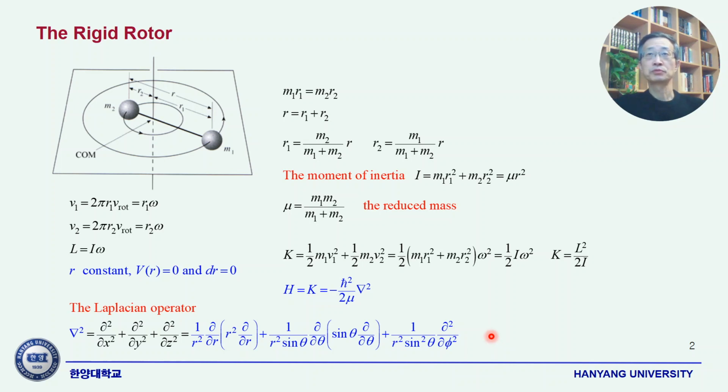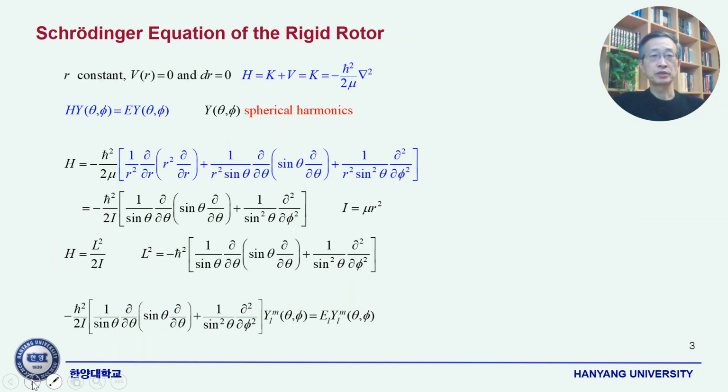I urge my students to memorize it, but there is a way to convert Cartesian to polar coordinates. Anyhow, this is the Laplacian operator. Our kinetic energy term is given here, minus h bar squared over 2 mu del squared. So this is the Hamiltonian we are going to use in the Schrodinger equation.